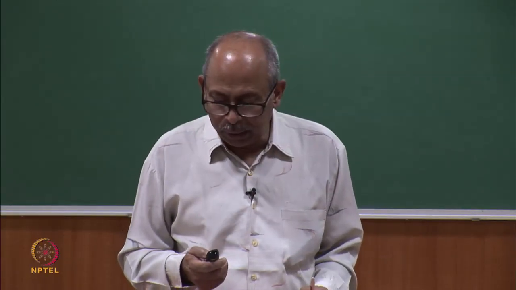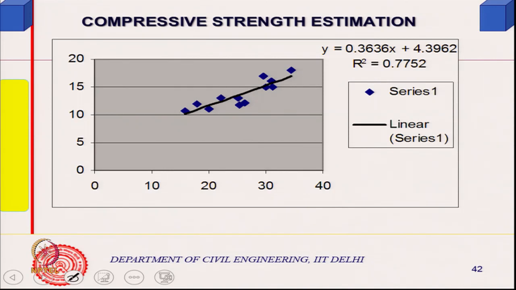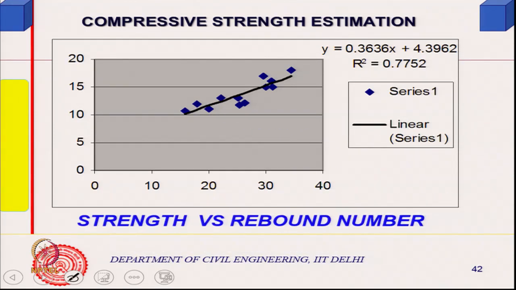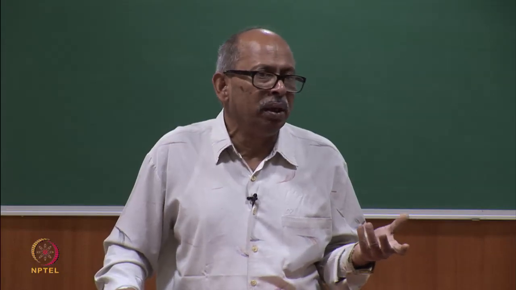Such a correlation will be something like this. Say, compressive strength estimation. The x axis is the rebound number, this side is the strength, and then a limited number of cores have been done. You can see that the correlation does not come out extraordinarily good, but if you have more samples, maybe the correlation improves.